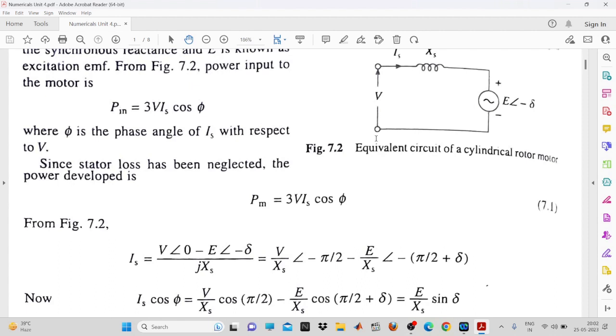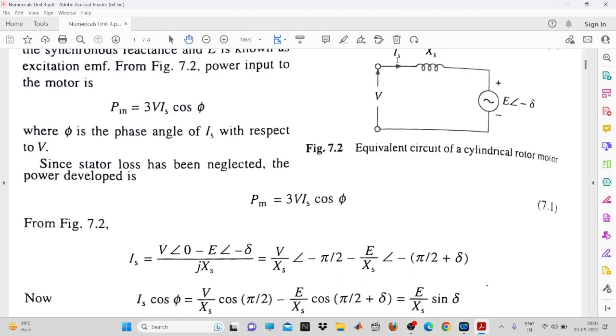Now you can see here the voltage has appeared first, then the speed, and because of the speed you get the reflection of the induced EMF. So obviously this will be lagging with respect to V. So we have taken here minus delta, because this is V at angle 0, this is minus delta, and here you will have the power factor angle, minus phi.